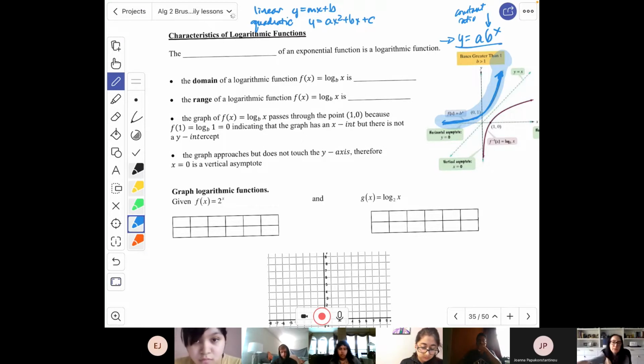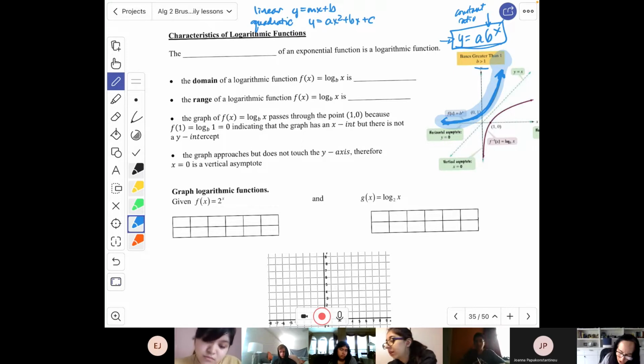Remember those tables I gave you, the sheet of tables, and I asked you, is it linear, quadratic, or what? Exponential. Exponential, Natalie, thank you. This is the equation for an exponential function, right? And if b was greater than 1, we called this what type of exponential function? If the base b, the constant ratio, was a number greater than 1, what type of exponential function was that?